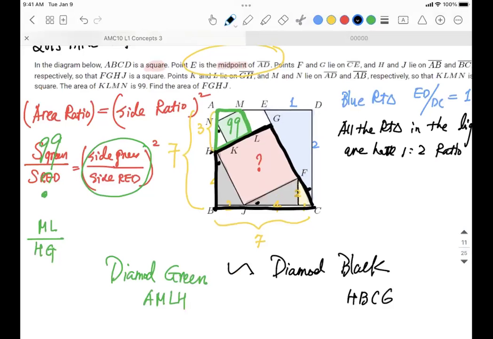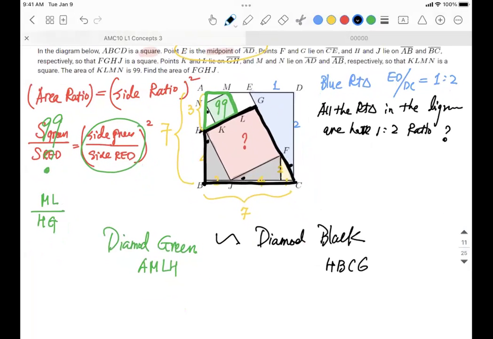If they're similar to each other, I can take one side, ML over HG. ML is here, HG is here. They will be equal to what? AH over BC, right? AH is here. I'm going to use the color here.